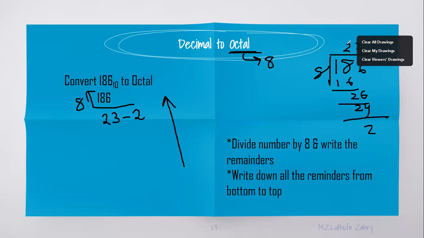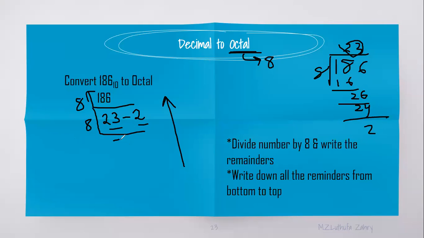So the quotient 23 is here. You're going to put the quotient here and the remainder here. That's all. So again, divided by 8. Here you are going to get 2 times, because 2 into 8 is 16, and then the remainder will be 7. 23 minus 16 is 7. Once again by 8, the quotient will become 0, the remainder will become 2.